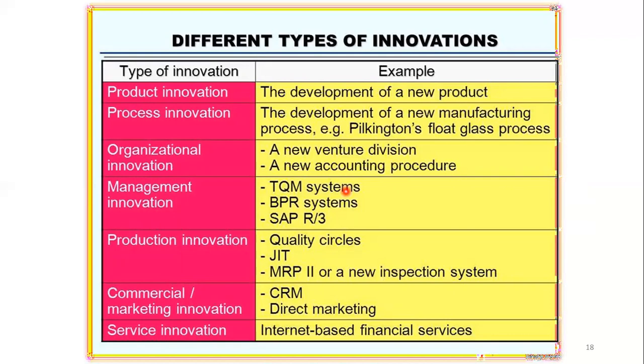The quality circles I'm talking about, just in time, material requirement planning, or new inspection systems you can see here. The commercial or marketing innovation includes CRM, customer relationship management, or direct marketing, and service innovation. An example of service innovation is marketing internet-based financial services.